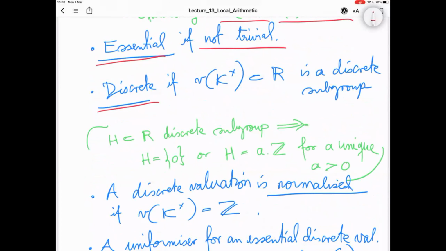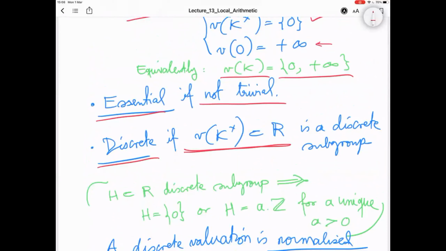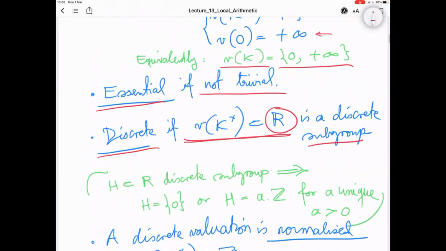Now, you will notice that if V is a valuation, then V of K star is a subgroup of R, of the additive group R. If that subgroup happens to be a discrete subgroup, then I call the valuation a discrete valuation, right?